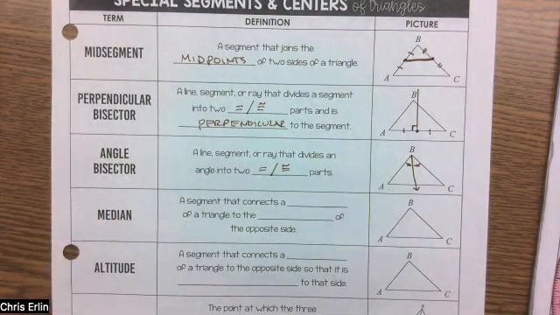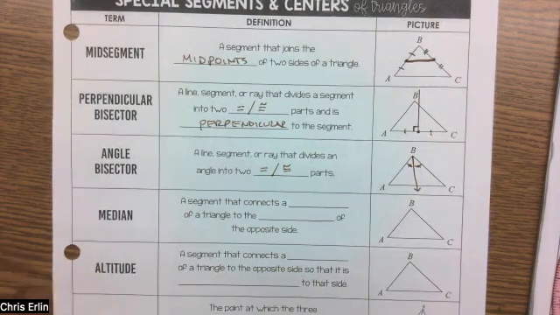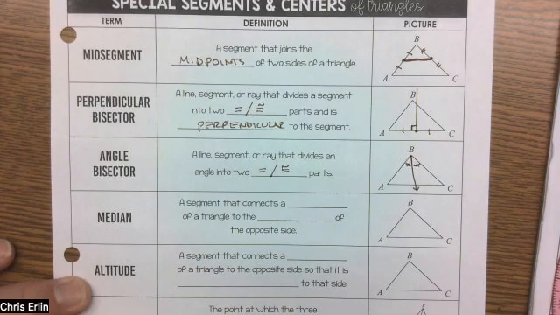Does that necessarily go through the midpoint of AC? No, it could, doesn't have to. Is it perpendicular to AC? No, could be, doesn't have to be. Does it definitely go through B? Yes. All these are components about these that we have to keep track of. I'll give you some tools to manage them in a little bit.